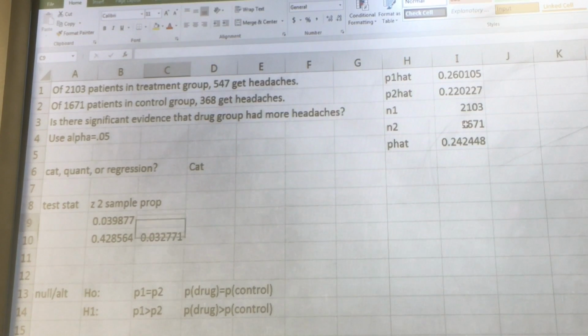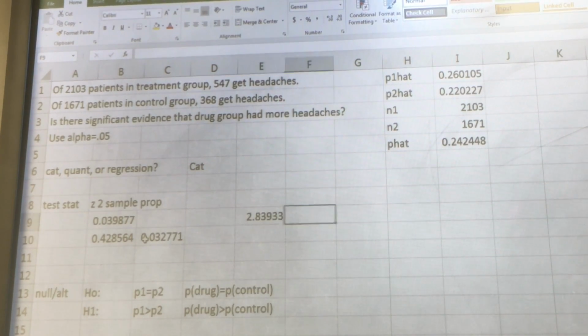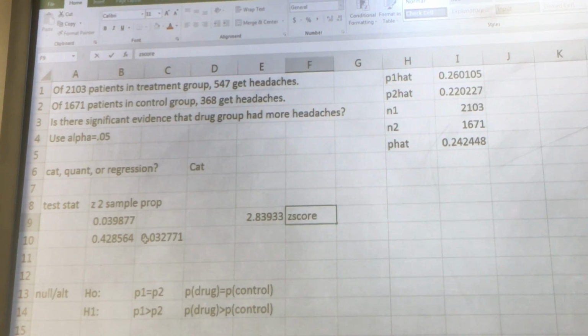This is going to give me the numerator divided by the denominator, which gives me my z-score of 2.8399, whatever.